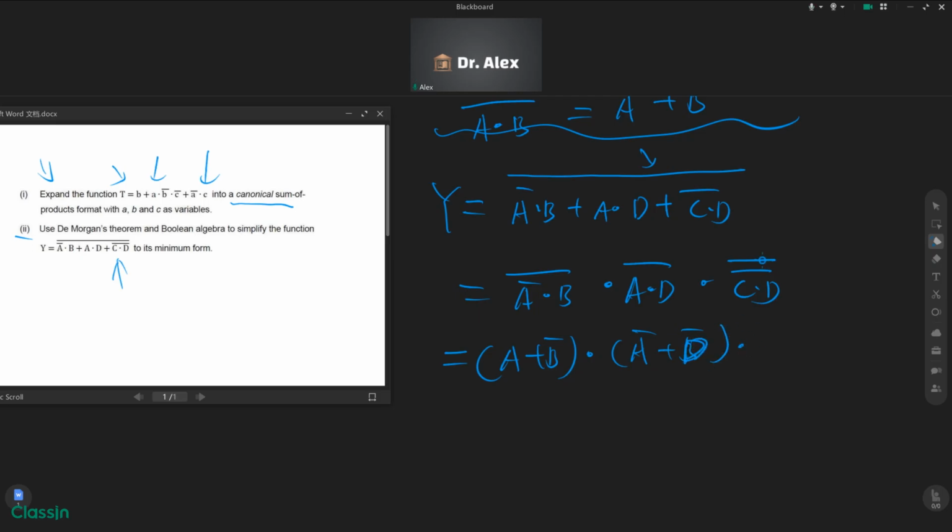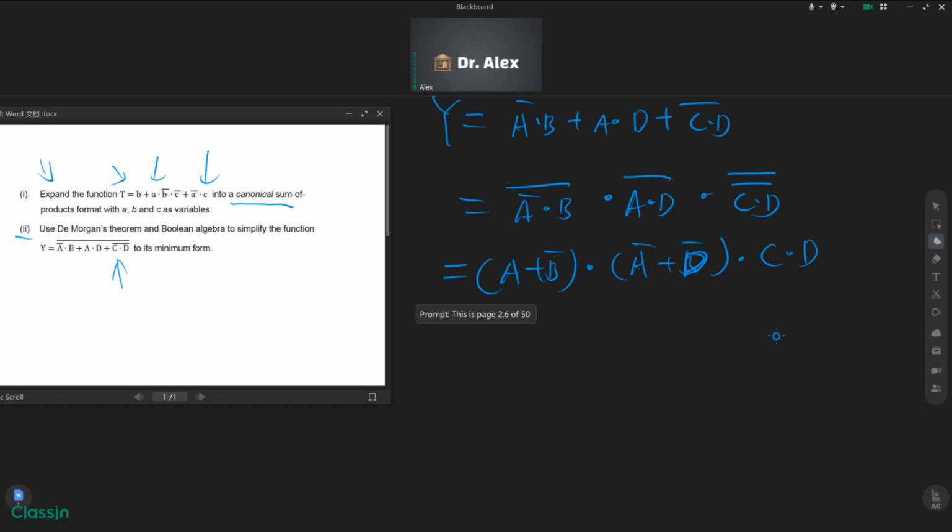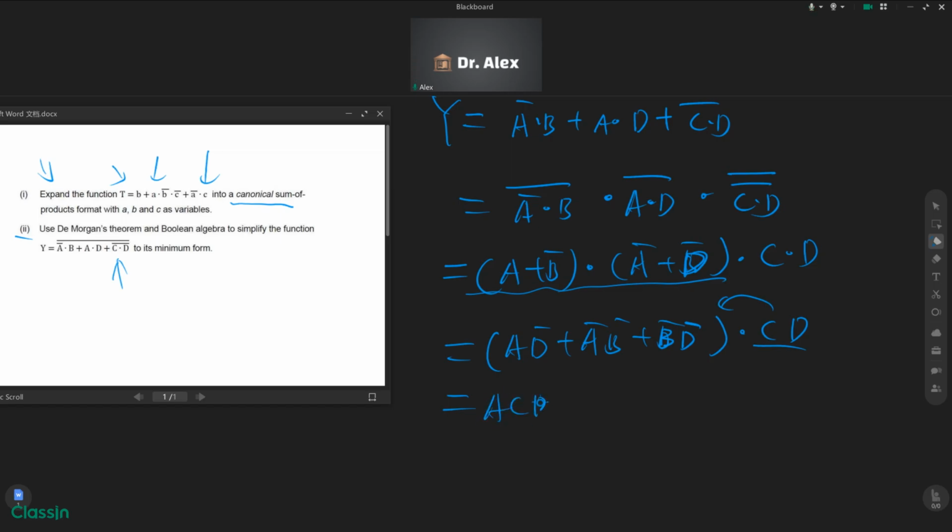And for the third one, double not is the original one, so it's just C and D. Let's multiply these two items together, and we get this expression: A, not D, not A, not B, not B, not D, together with CD. We multiply the CD into the first part, and we get it like this. It's quite straightforward.